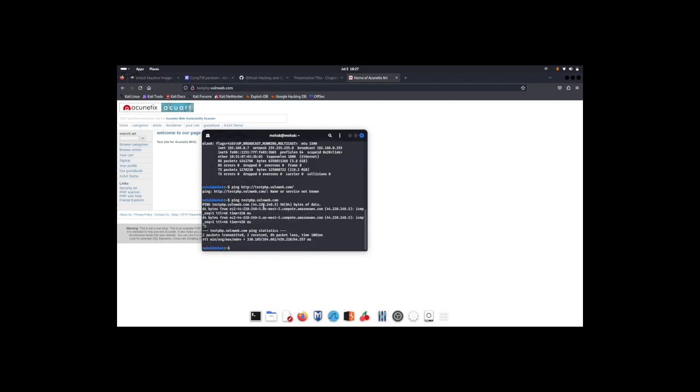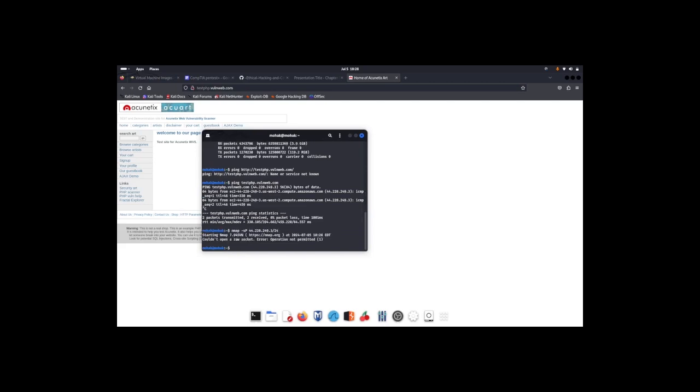Okay, I'm getting this particular IP address. So if I go and nmap scan this particular IP address, and ping sweep it, raw socket.